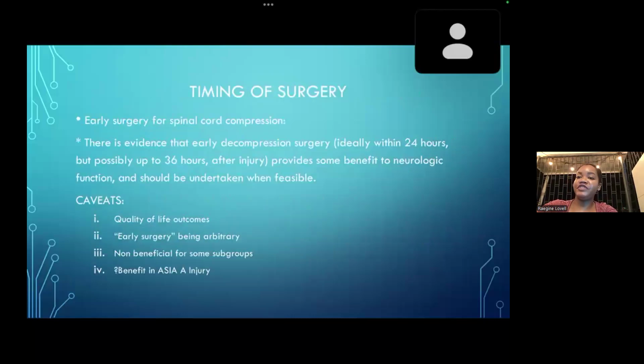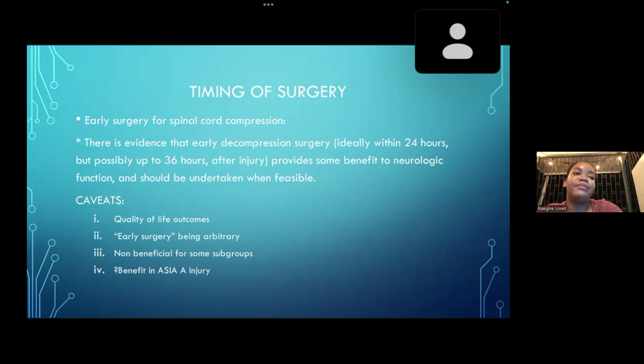So early surgery for spinal cord compression, right? There's evidence from a meta-analysis and a prospective multi-center spinal cord injury study with high-rated quality results showing that surgical decompression within 24 hours of spinal cord injury was associated with improvement at 1 year in mean motor scores, light touch and pinprick sensory scores, as well as ASIA impairment scale grades.